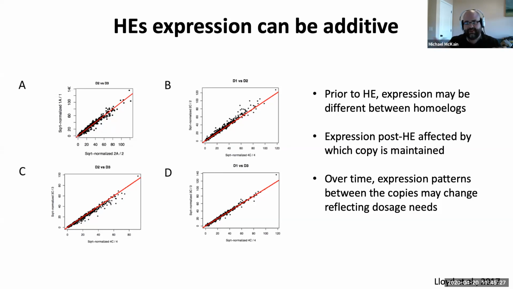These are all possibilities, right? But what we expect is that over time the copies will work themselves back out, and that will reflect dosage needs, which is the name of the game for polyploid expression: dosage.